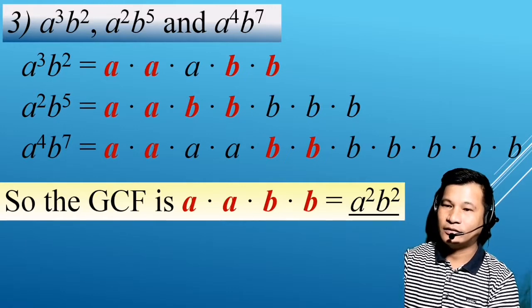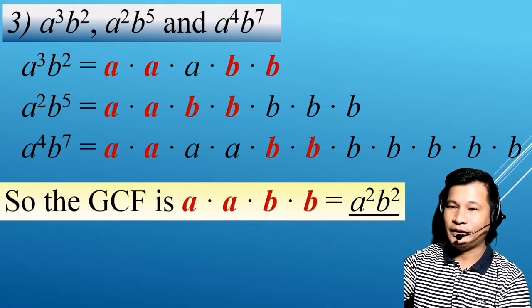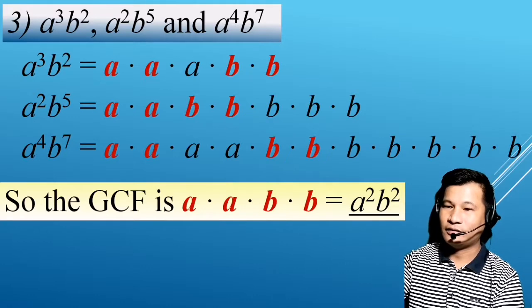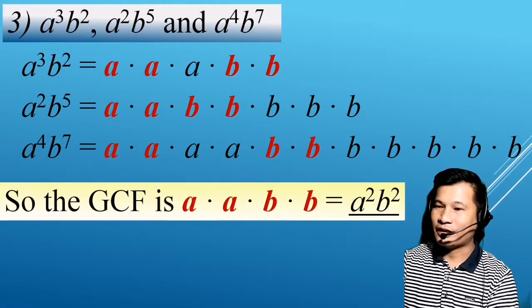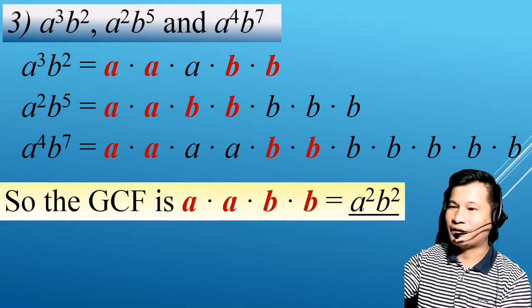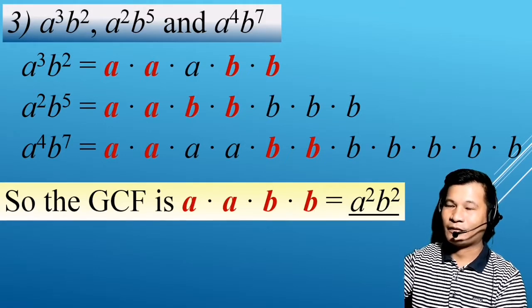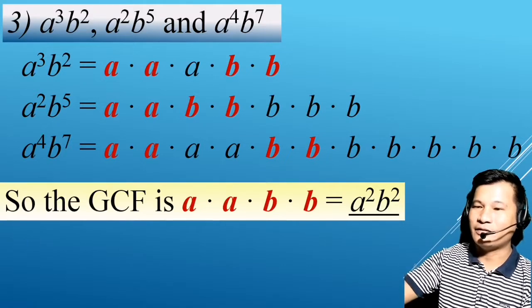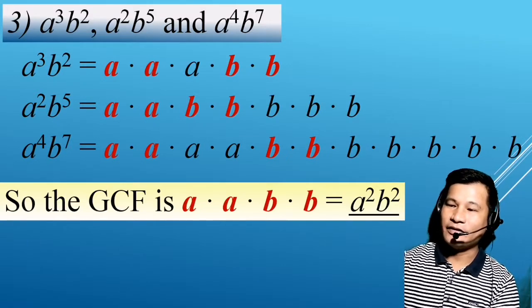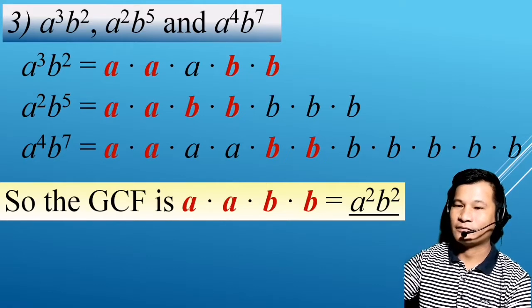While for a to the 4th b to the 7th, it equals a times a times a times a times b times b times b times b times b times b times b. So the GCF is a times a times b times b, or a squared b squared.